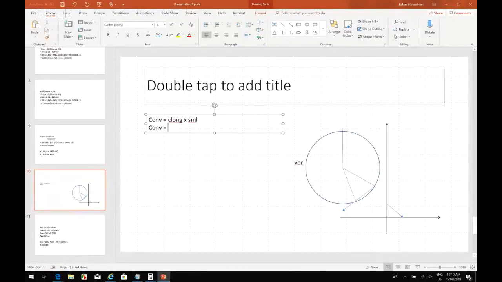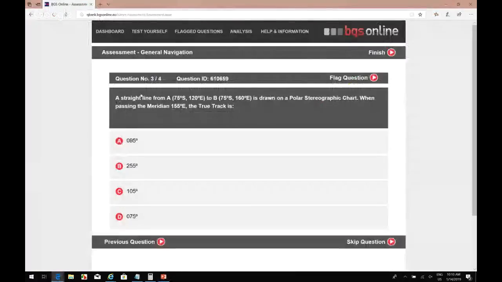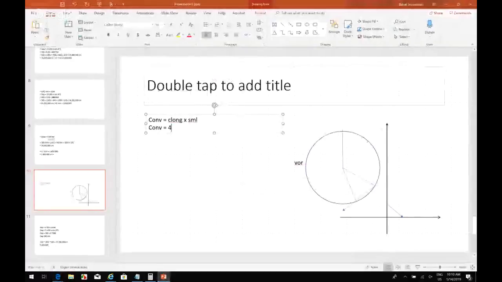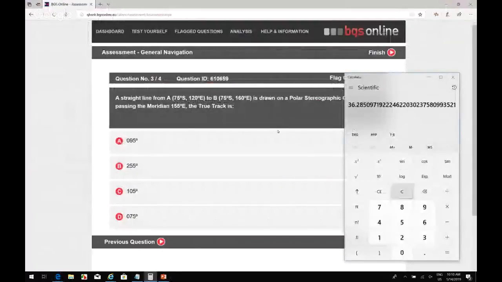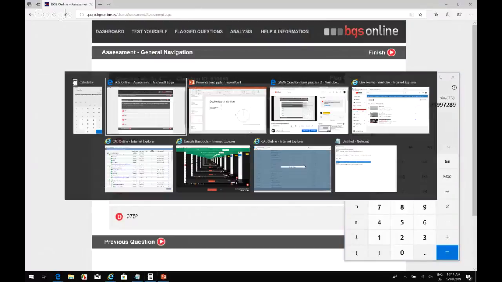Convergency equals, chalong is 40, and the sine mean latitude is, what was the mean latitude? 75. Okay, so 75 sine 0.966.